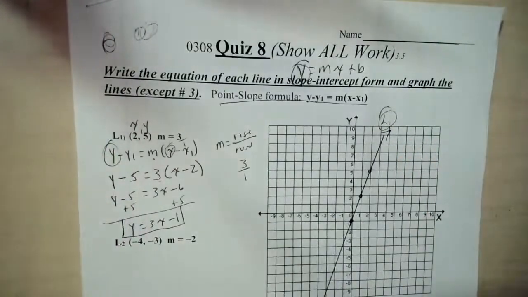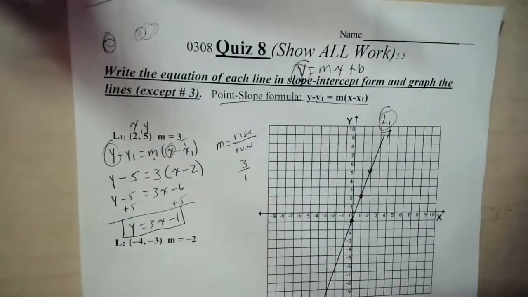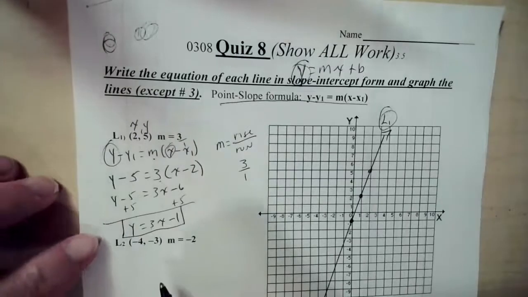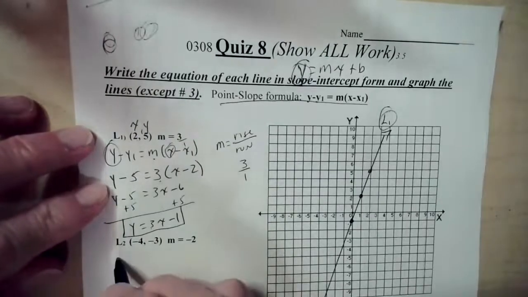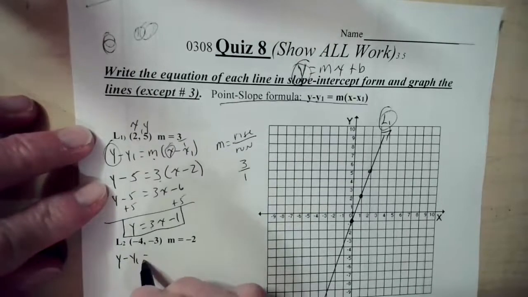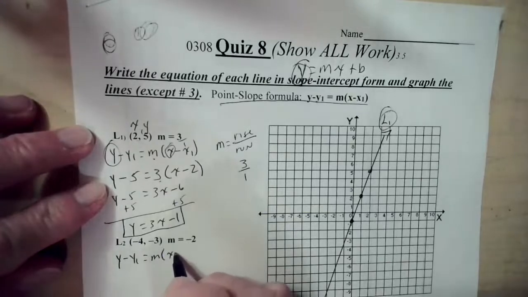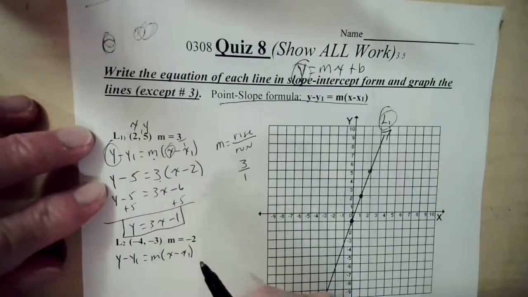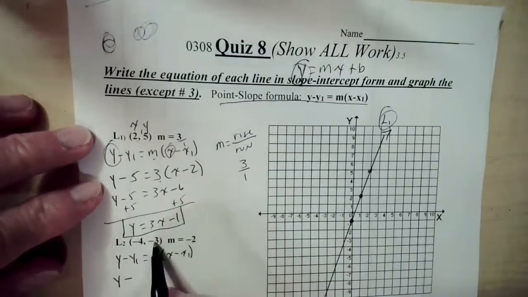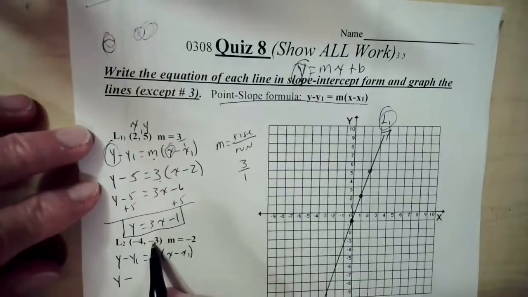Now L2 is basically the same thing, except it has all these nasty negative numbers. So again, y minus y1 equals m open x minus x1. So y minus, now y1 is 3. I'm sorry, -3.